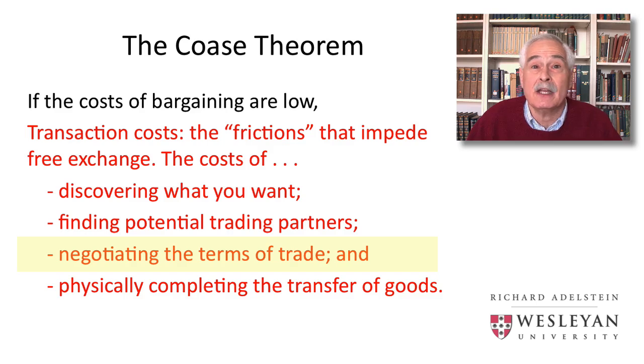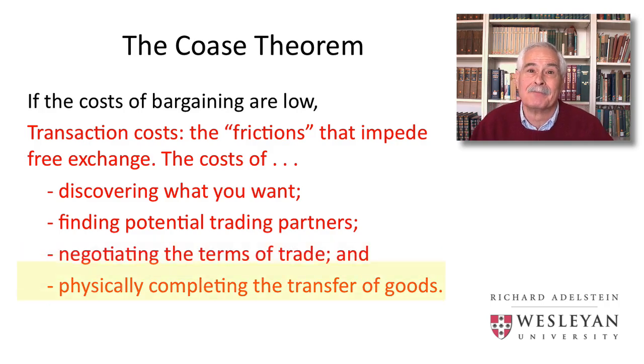Hamilton would feint, Jefferson would parry, they would reveal little bits of information, they'd try to hide little bits of information about what they had and what they wanted. And sometimes it's costly. It takes time, it takes effort, sometimes it uses resources to ultimately determine what the price of those property rights is going to be.